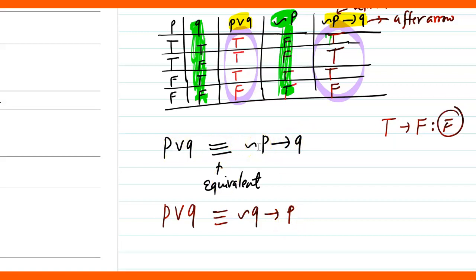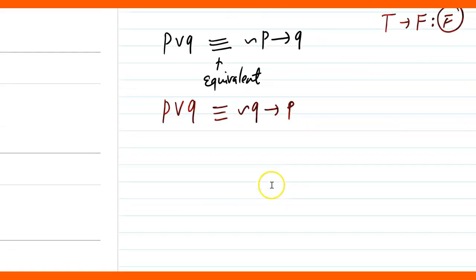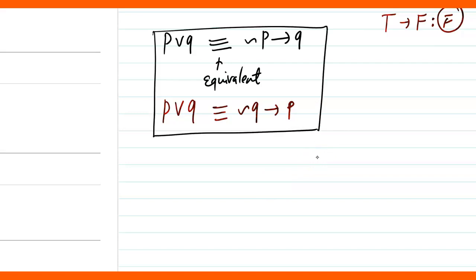Do you know what I mean? Again, P or Q is equivalent to not P right arrow Q, or not Q right arrow P. Again, this is very important. You have to know this for some of the questions in the homework, so put it in your note card, put it in your notes.